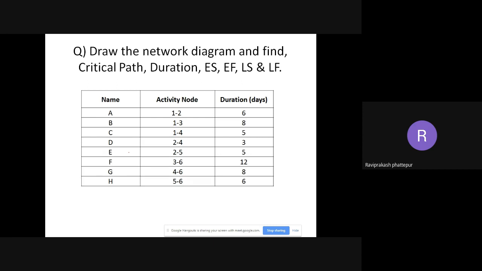Okay, just let me know once you finish copying the table, I mean the question total.